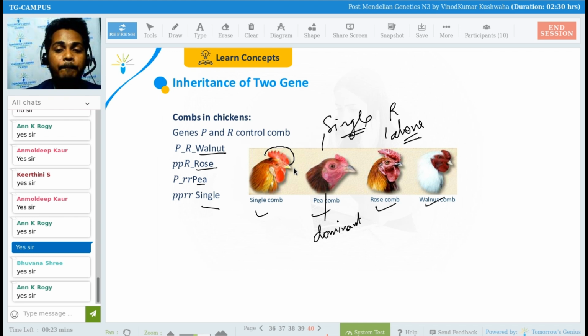And if both P and R are present together, then it is called the walnut comb, and this is what is called collaborative gene to produce the supplementary effect. Is this clear? Yes. So this is the example of collaborative gene.